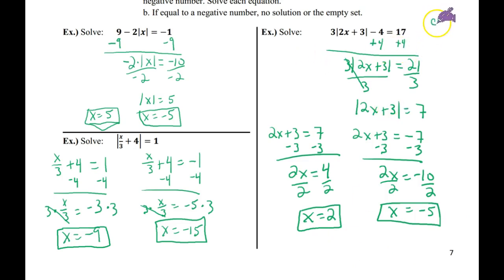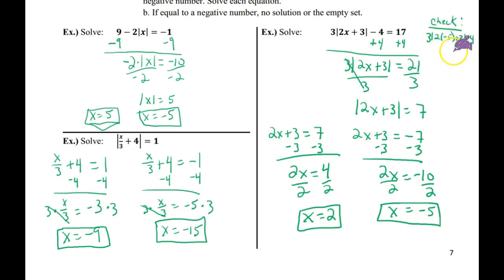If I wanted to check that 2, or actually, let's do the negative one. Sometimes students don't think that x itself can be negative, and it can. So I'm plugging it in for x. So 2 times a negative 5 plus 3. I'm running out of room.